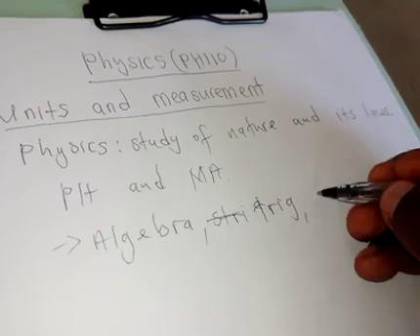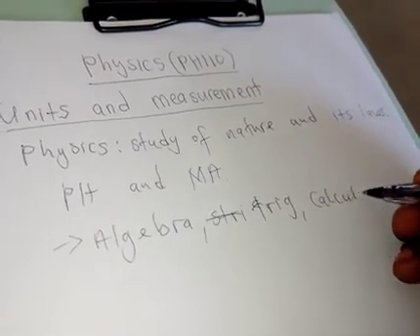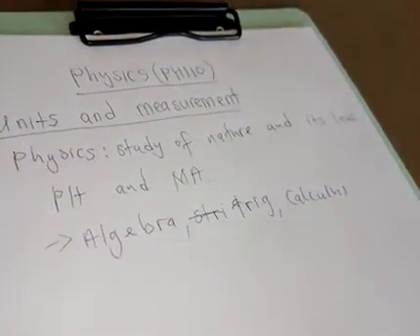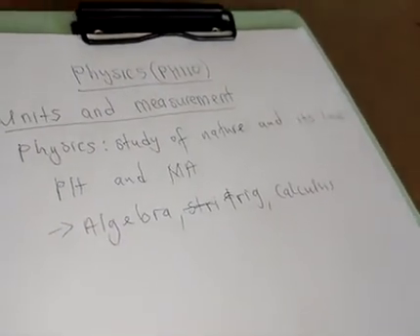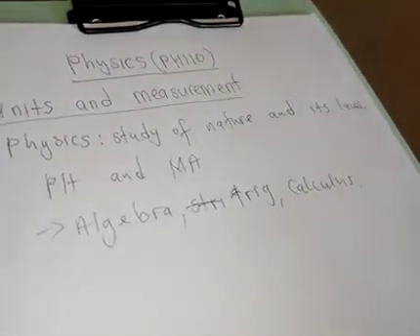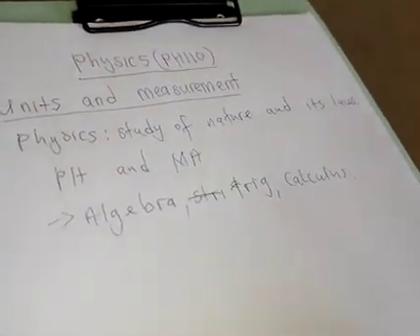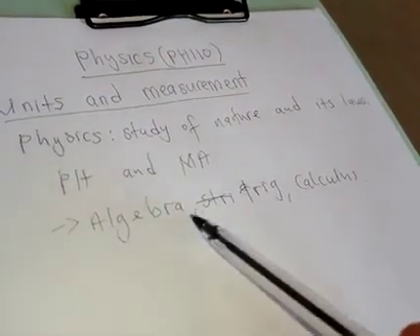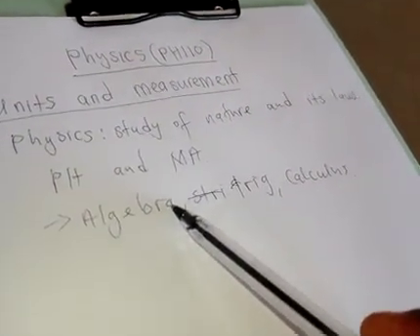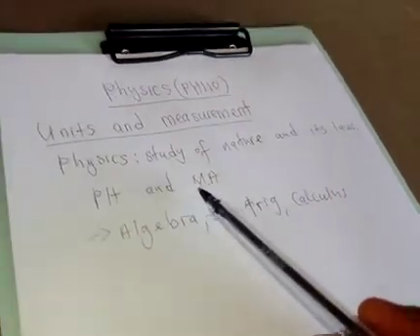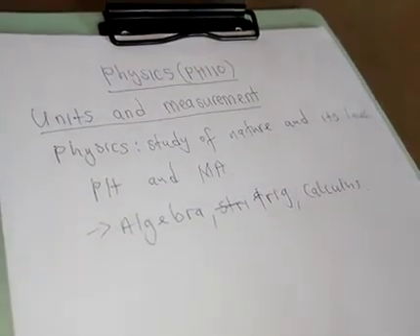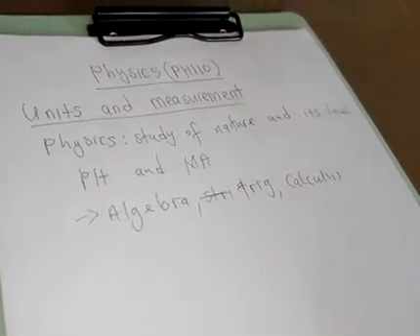Apart from trig, even calculus. So we must have some basic knowledge of algebra, trig, and calculus, so that we can properly explain these laws of physics. From this, we can conclude that mathematics is being used as a language of physics.